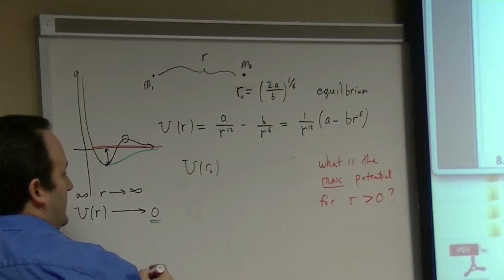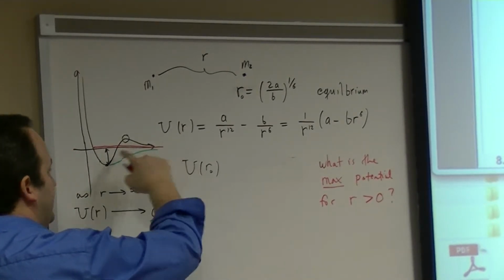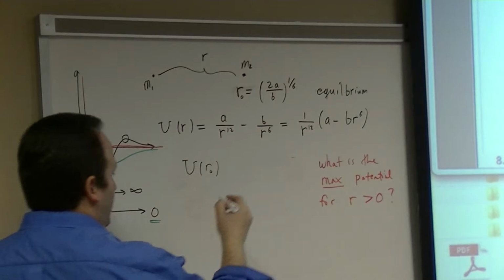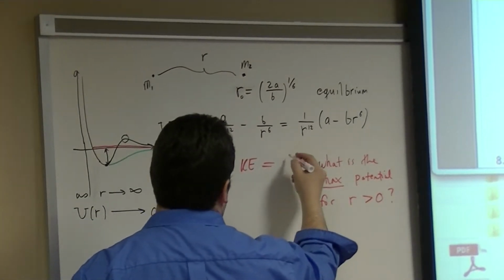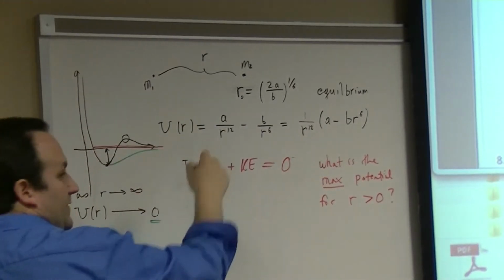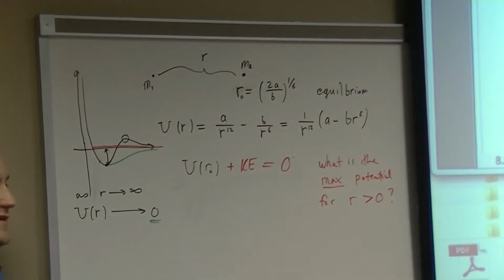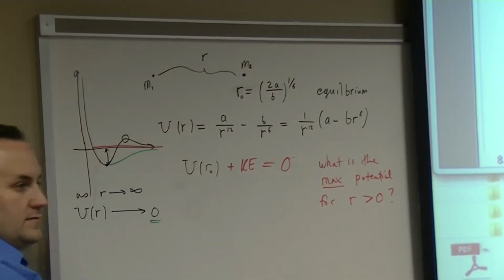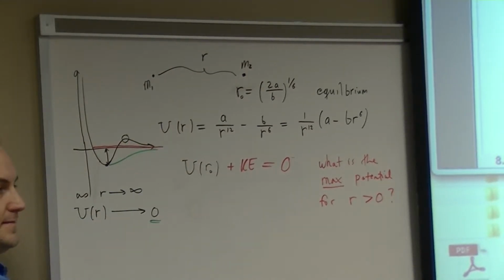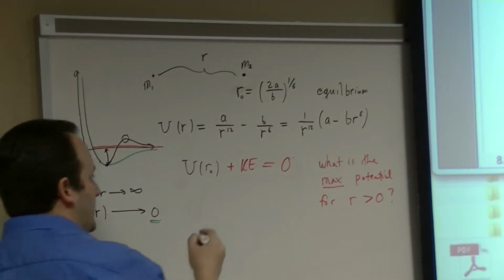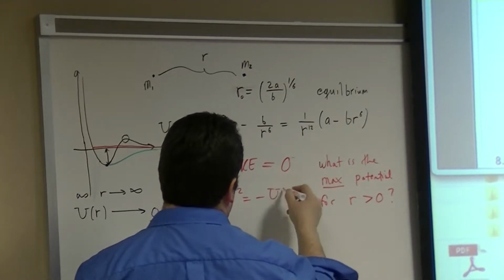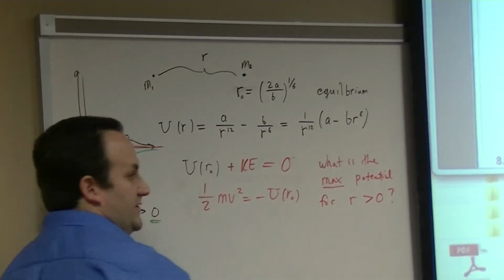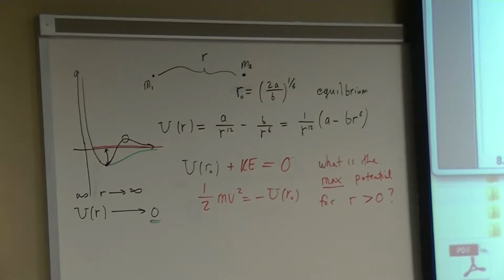So you want U of R naught plus kinetic energy equals 0, because that's the total energy, which is just enough to escape the potential well that you're in, as R goes to infinity. So what's that make kinetic energy then? One half mv squared equals minus U of R naught, which is okay because U of R naught is a negative value.